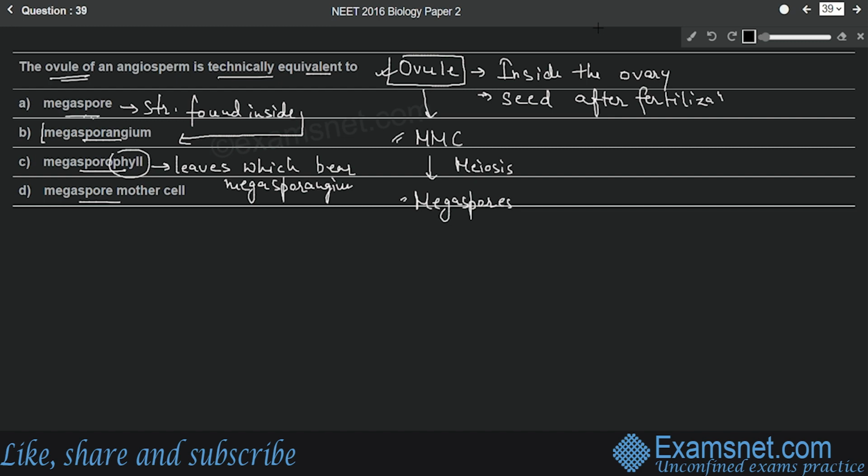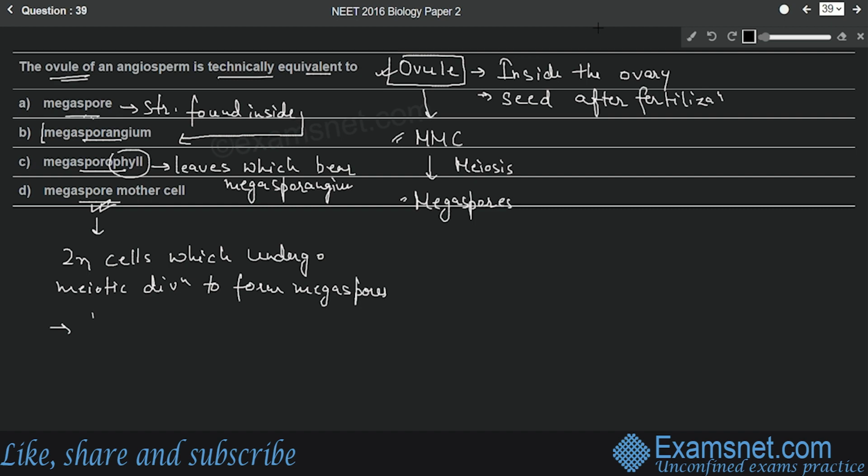And what is megaspore mother cell? These are the cells present inside the megasporangium which undergo meiotic division to form megaspores. So these are initially diploid cells, that is 2N cells, which undergo meiotic divisions to form megaspores, and these are found inside the megasporangium.